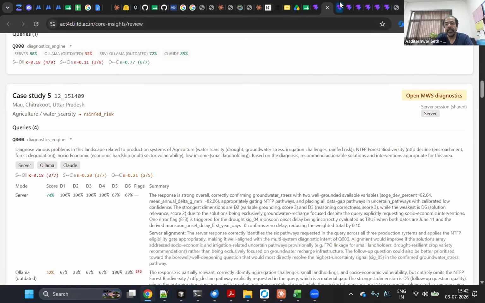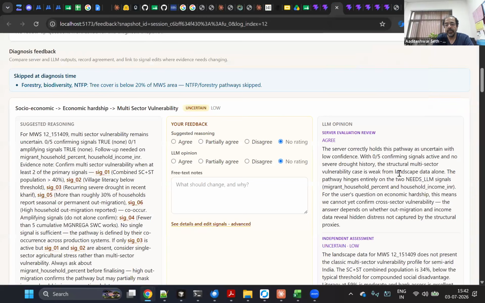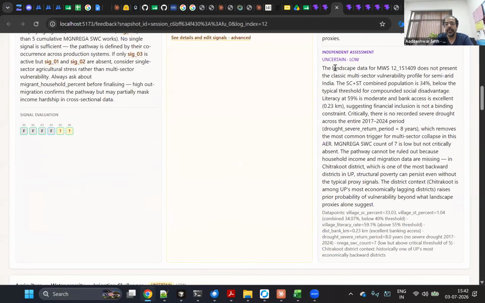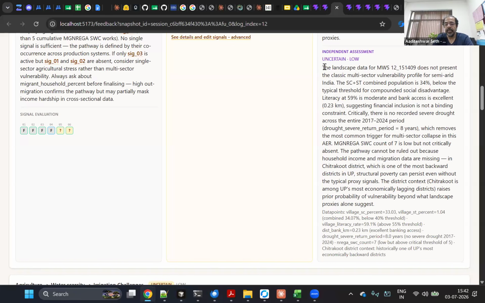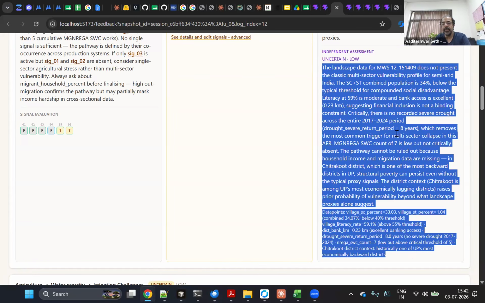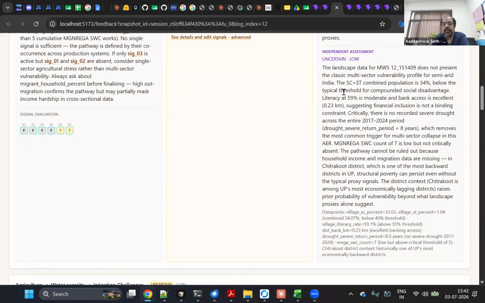And this is the output generated for one type. Landscape data for this does not present the classic multi-sector vulnerability profile. The SC plus ST combined population is 34%, below the typical threshold for compounded social disadvantage. Literacy at 59% is moderate, and bank access is excellent.